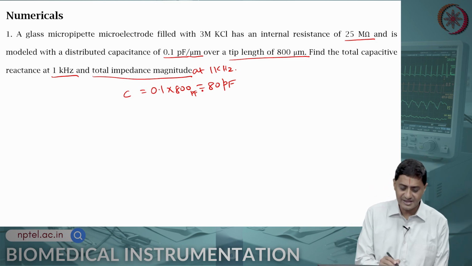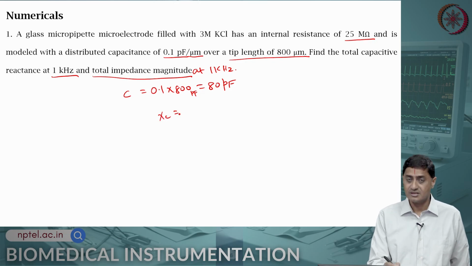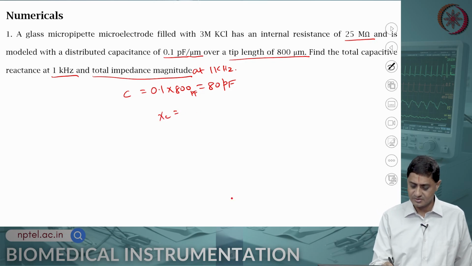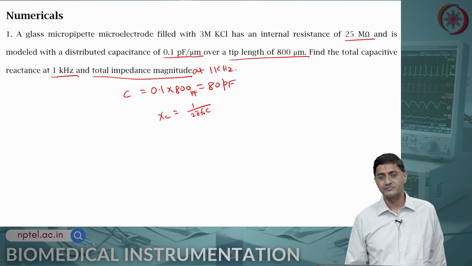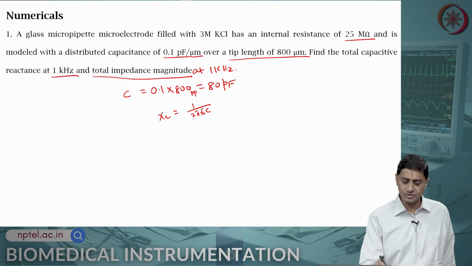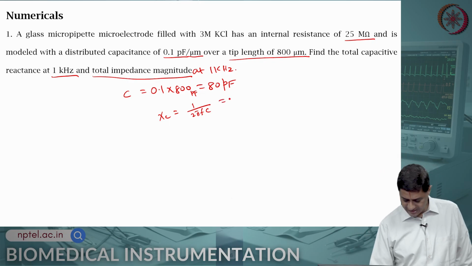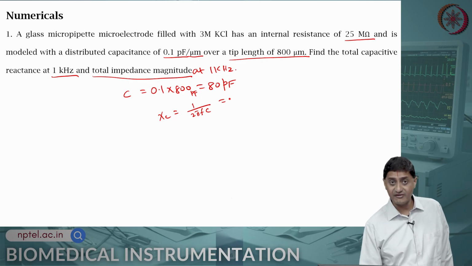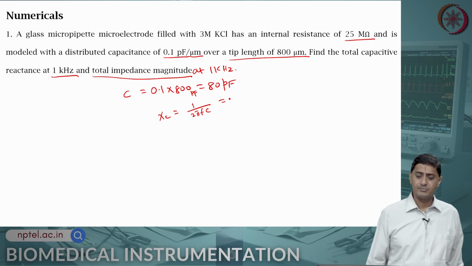Now, I can find the reactance. What is the reactance of a capacitor? The reactance of a capacitor is 1 by 2 pi f c. Substitute the values: f is 1 kilohertz and c is 80 picofarads.